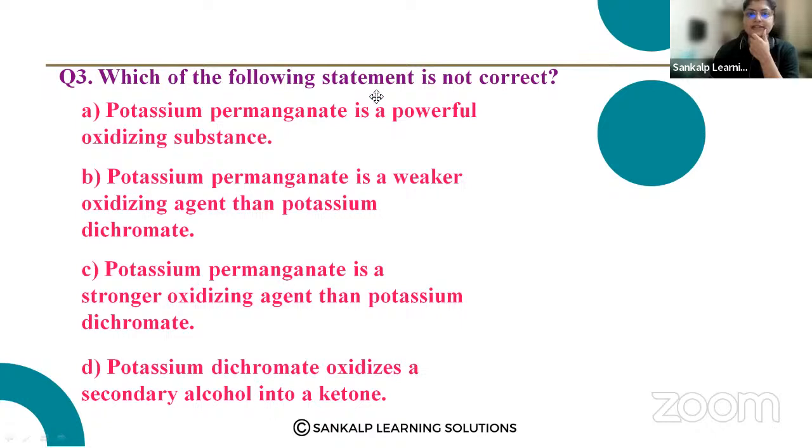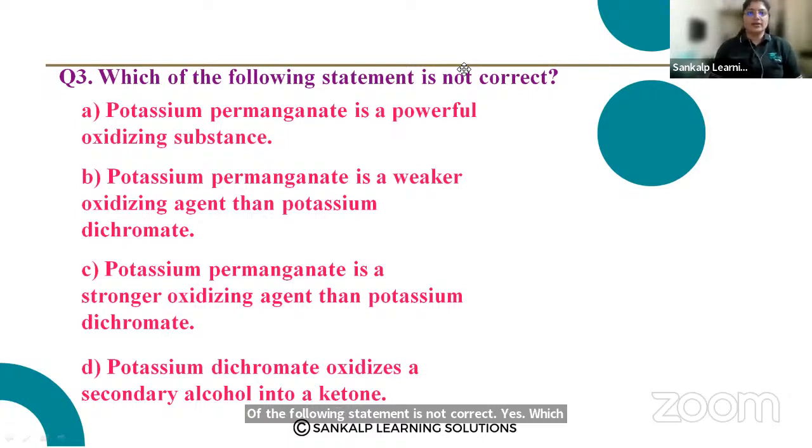Which of the following statements is not correct? So these are the four options which we have seen. This is about potassium permanganate, which is a good, strong oxidizing agent.